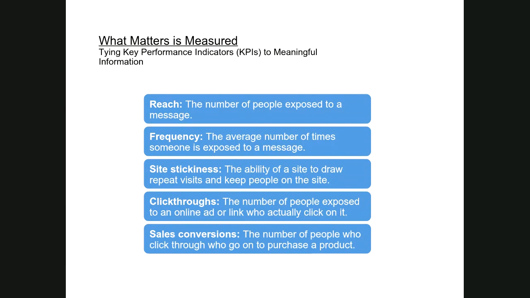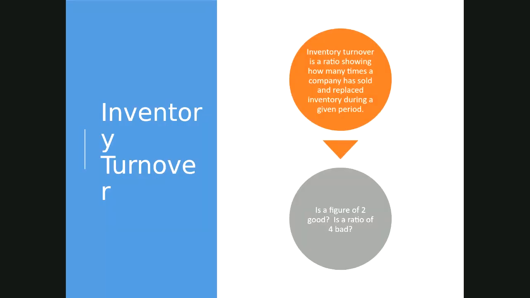So staying on that topic of what matters is measured, let's talk about something, and I want to say this slide is messed up on the left side only because I imported it into Collaborator. It's correct in the slide deck, you'll notice when I post them. But let's talk about inventory turnover.